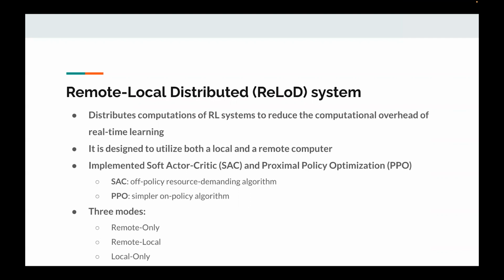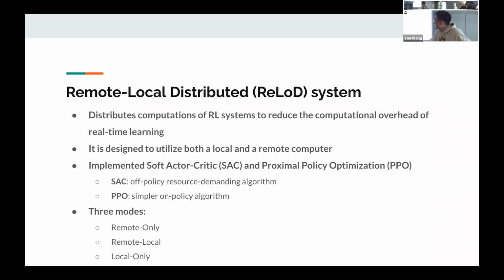SAC is an off-policy, resource-demanding algorithm since it updates the policy at every time step and it requires a large replay buffer to hold its past experience. PPO is a relatively simpler on-policy algorithm since it only updates the policy every few thousand steps, and its replay buffer needs to hold only a few episodes generated on-policy.